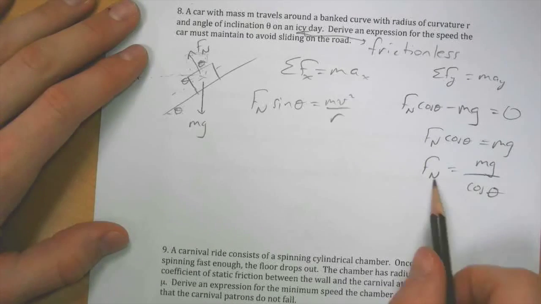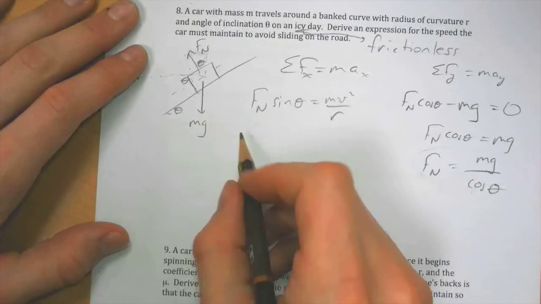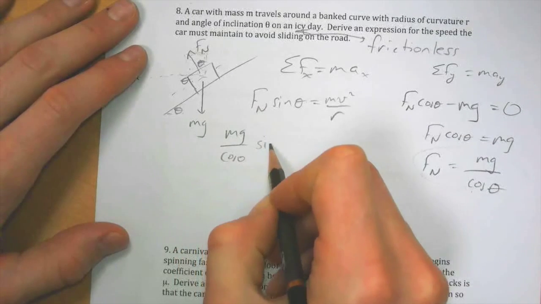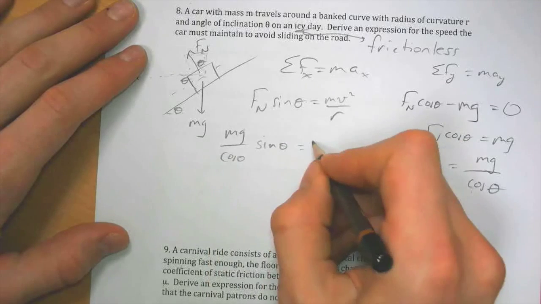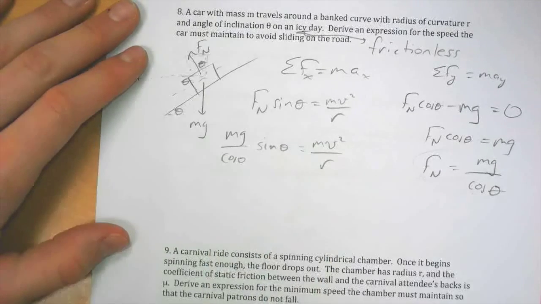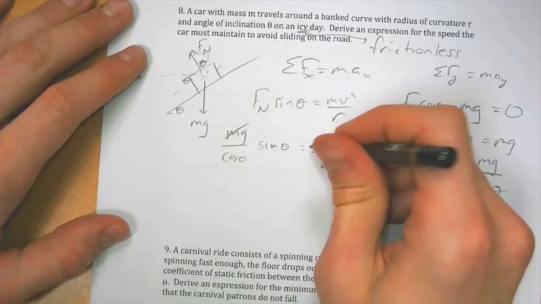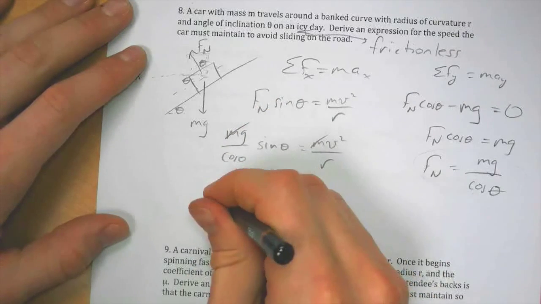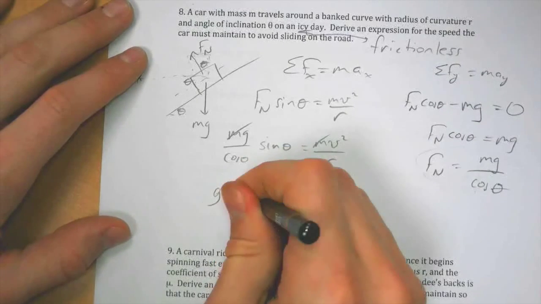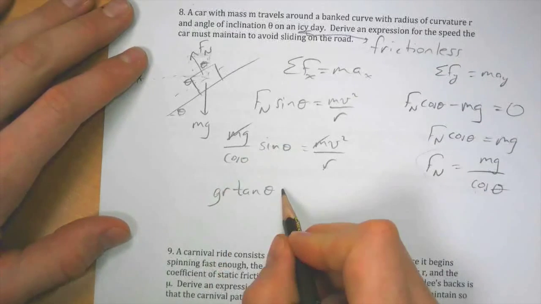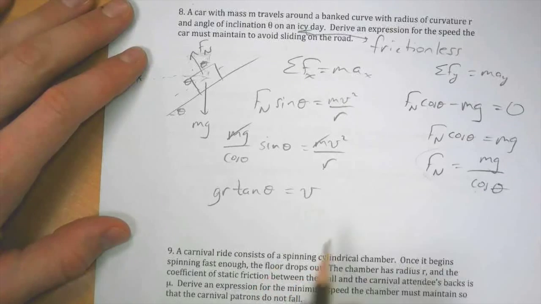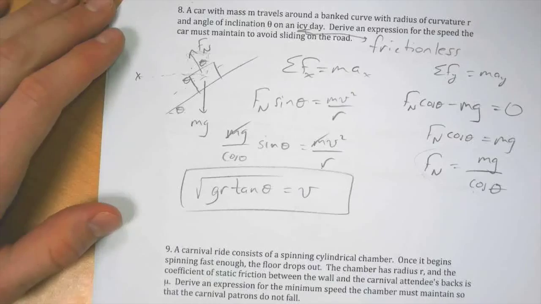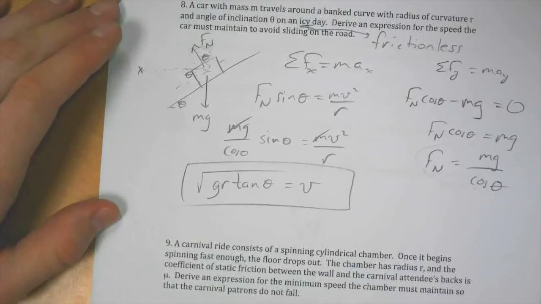Then we can plug this in. Normal force is mg over cosine theta, and you notice mass goes away. Sine over cosine is tangent. Multiply the r over, so we get g r tangent theta equals speed squared. Take a square root. That's the speed we have to go at to not use friction to go around.